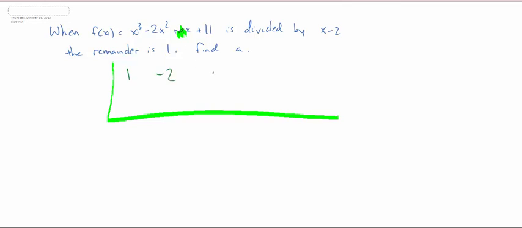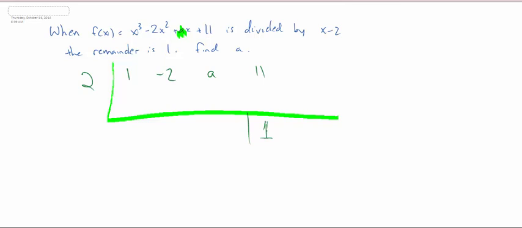And the coefficient of x is a, and then 11. What goes outside here? Pause the video, write down the number. You better have written down 2. Now, I want you to try and do the synthetic division. See if you can get the answer knowing that the remainder, when you're all done, needs to be 1.